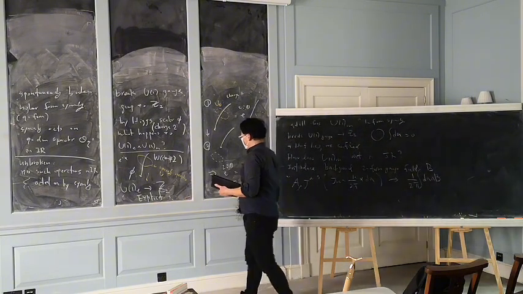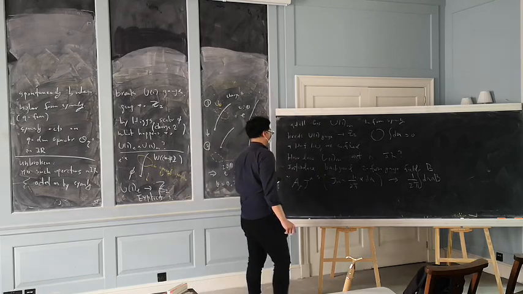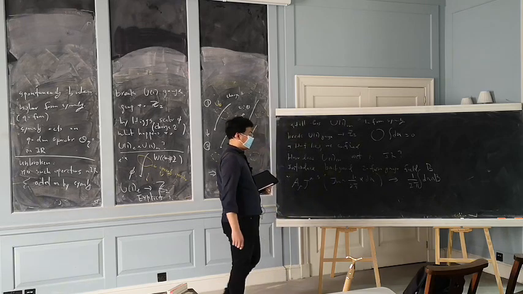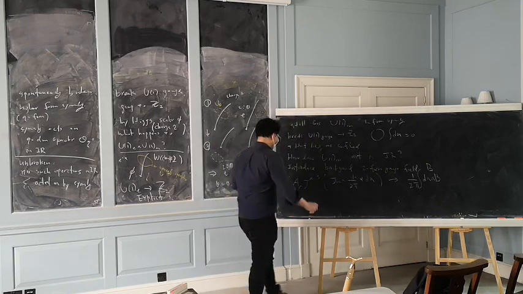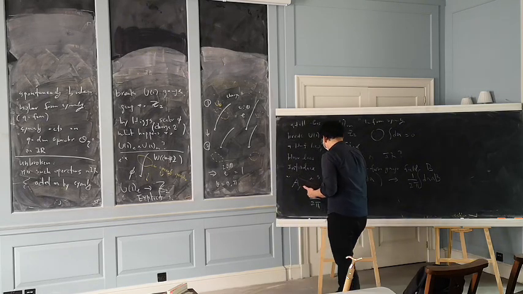Also, in the deep infrared, when you break the U1 gauge group down to Z2, you can dualize the phase of the Higgs field, such that the theory effectively is described by the following action.